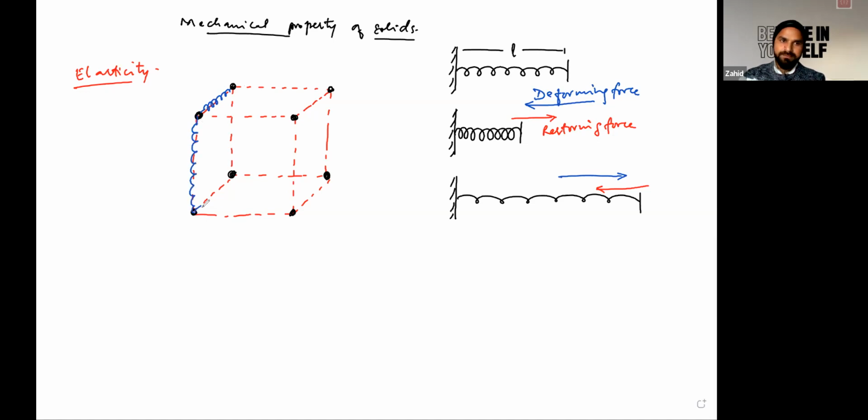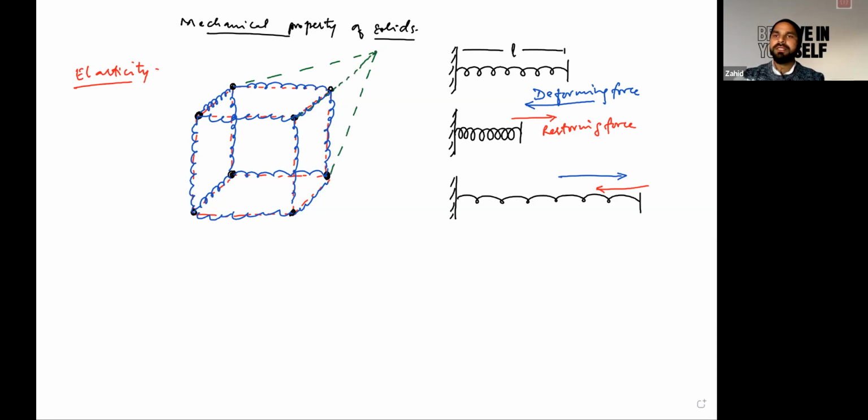So if you apply a deforming force along any direction to deform its shape, let's say along this direction, this body will have a tendency to develop a restoring force on it, which will tend to bring this point back to its original state.